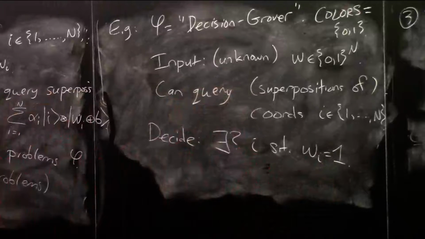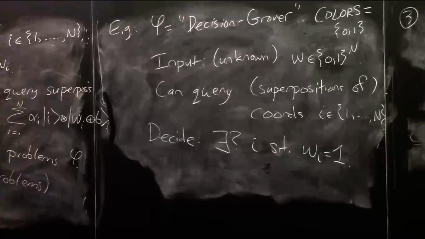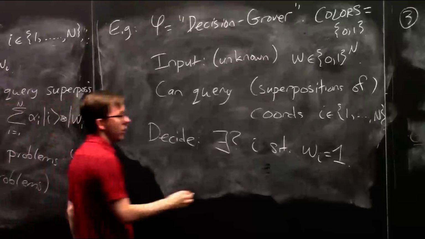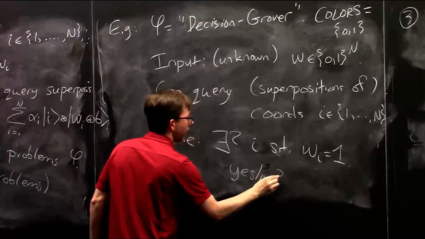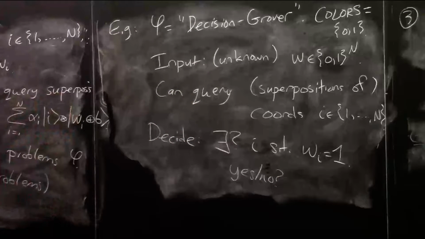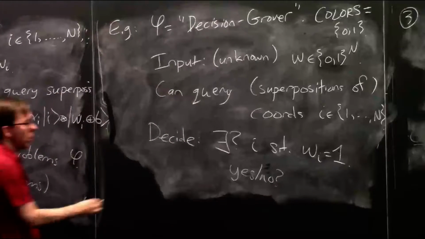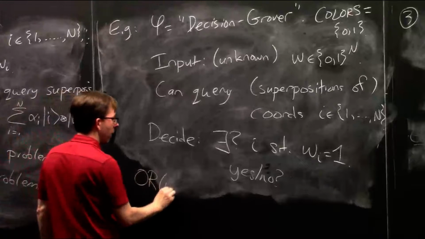I'm not asking you to find it. And I'm also allowing a possibility that the answer is no, that there are no ones. So you just have to answer this yes or no question. In other words, it's computing, in some sense, the OR of the input bits.